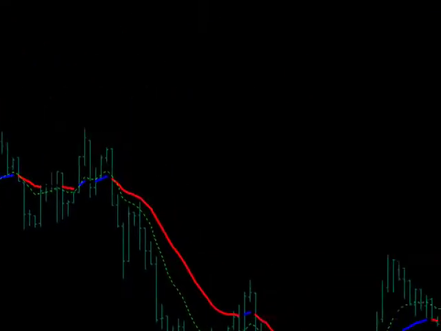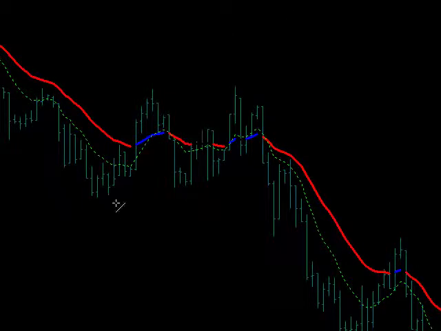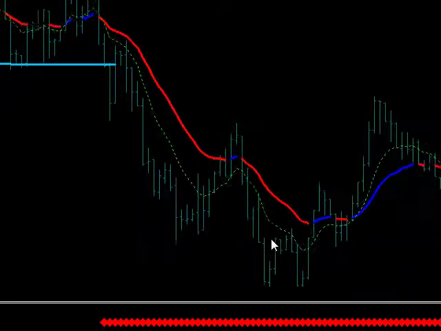But it did right over here. We broke through the support, and once it retraced right back into here, it was red in the filter. You would have sold it right here with hardly any drawdown, and down it came. You would have got your 10 pips.